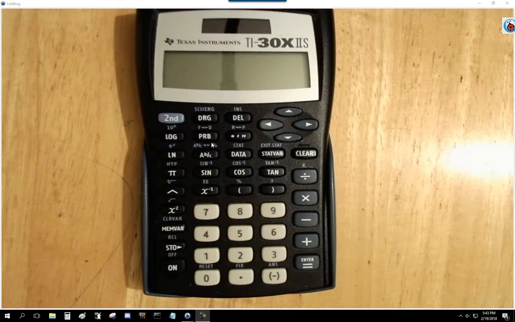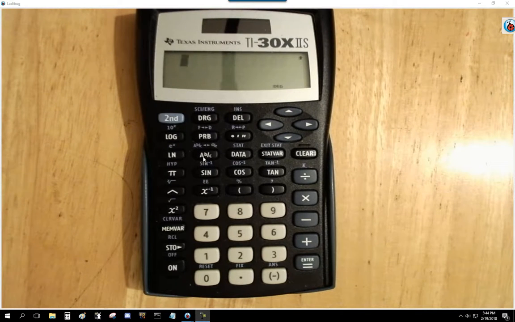And I'm going to turn it on. And I'll first show how to convert a decimal to a fraction. Now, the two buttons that I'll be using in this little presentation are these two buttons right here. The PRB button, and I have no idea what its main function is, but above it, it's got an F double-headed arrow D, which means fractions to decimals and decimals to fractions.